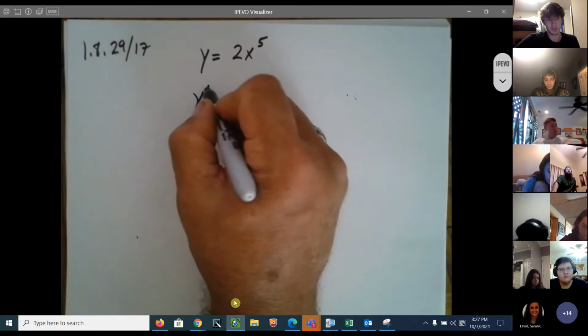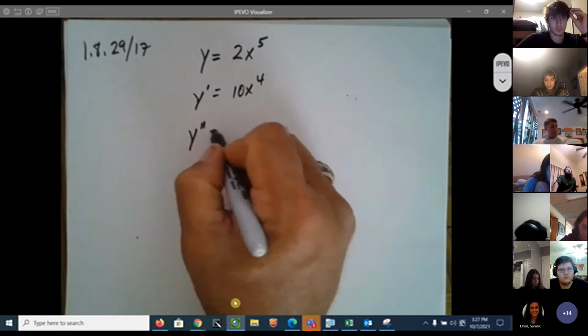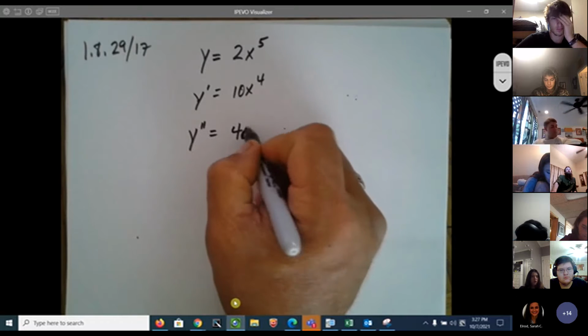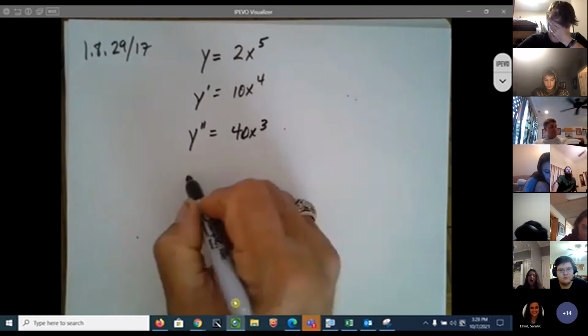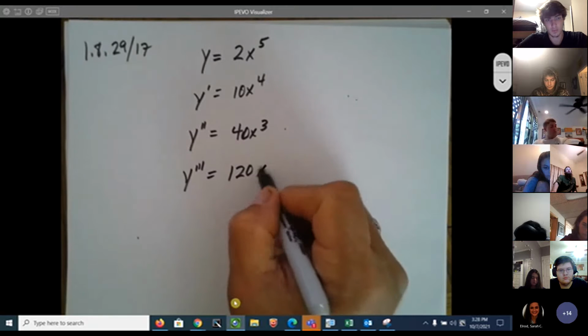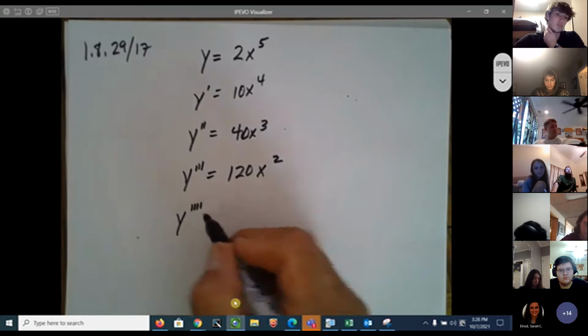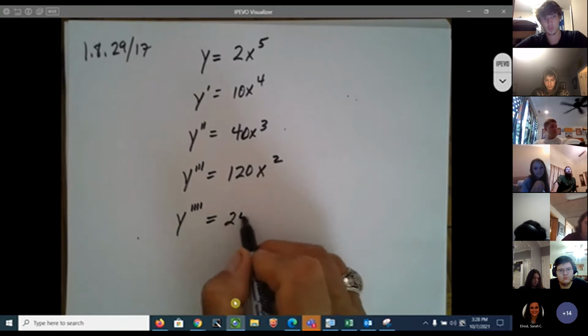Y prime is equal to 10x to the 4th. Y double prime is equal to 40x to the 3rd. Y triple prime is equal to 120x to the 2nd. And y to the 4th prime is equal to 240x.